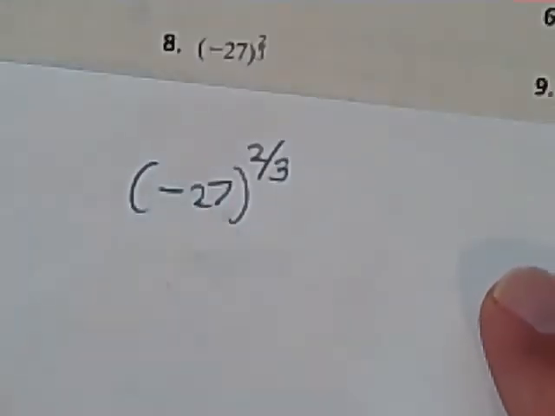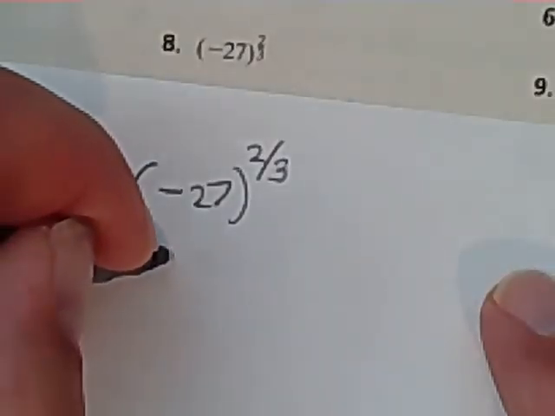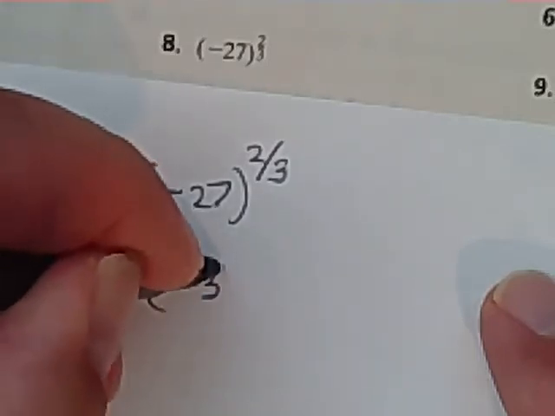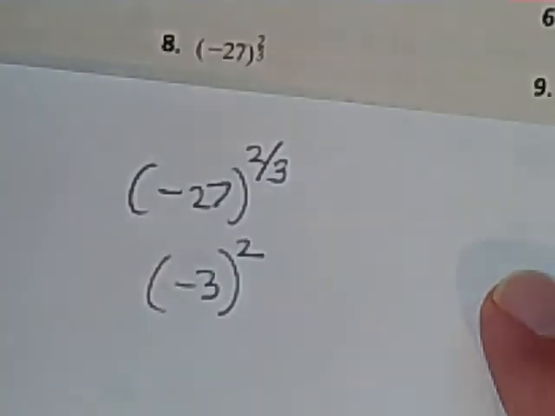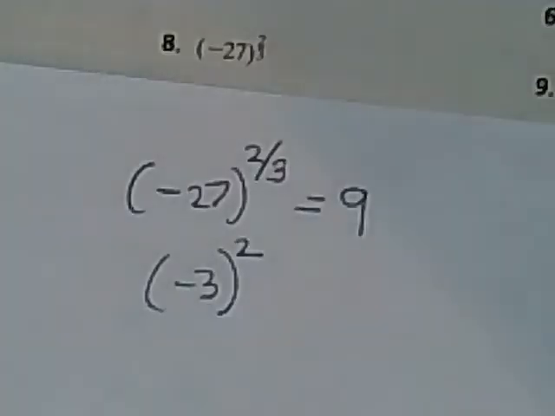So this is negative 3 squared. Ha! Did I do that too fast? Okay, so this one is 9. I'm guessing I did that one too fast for you.